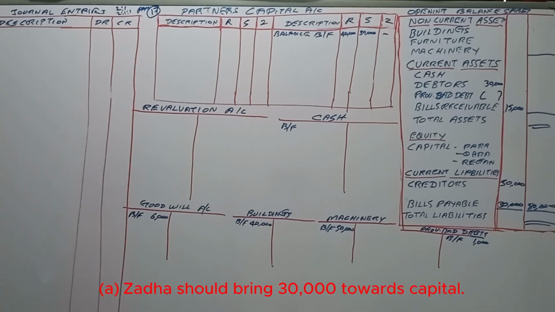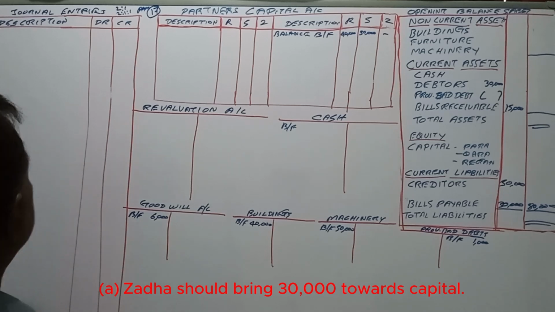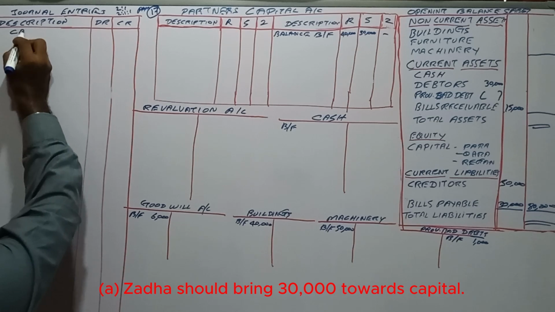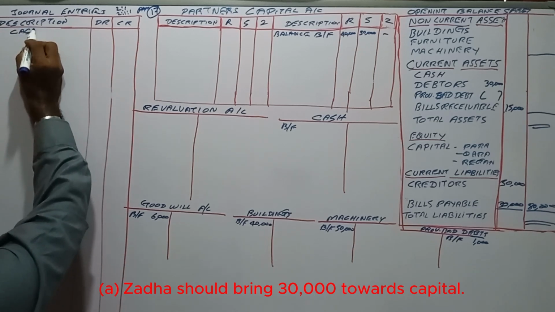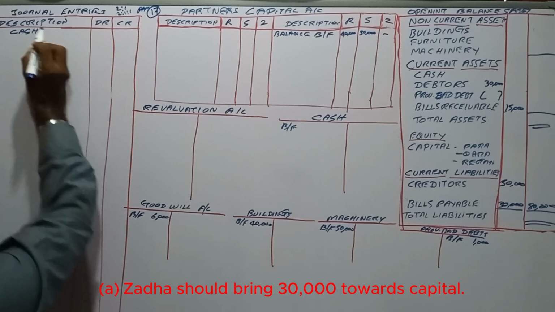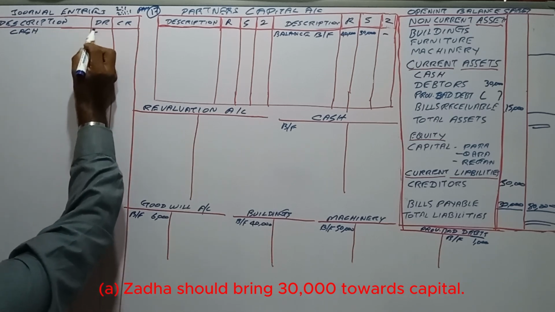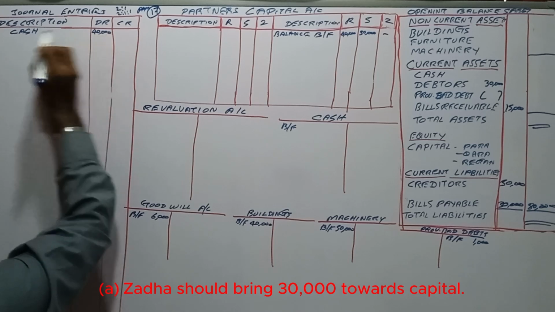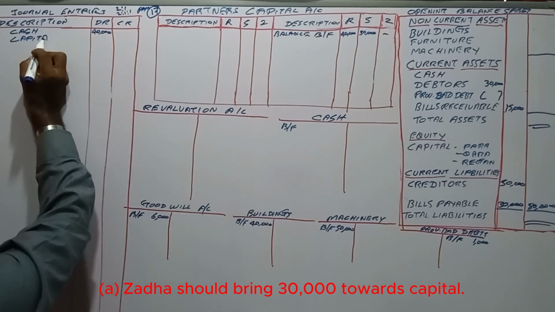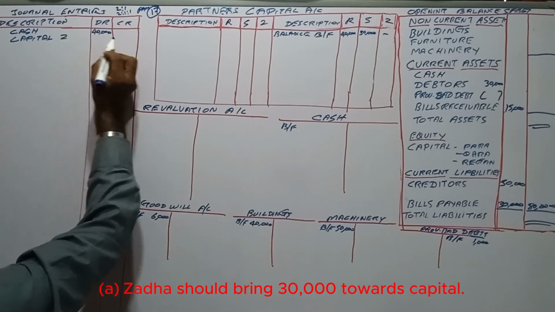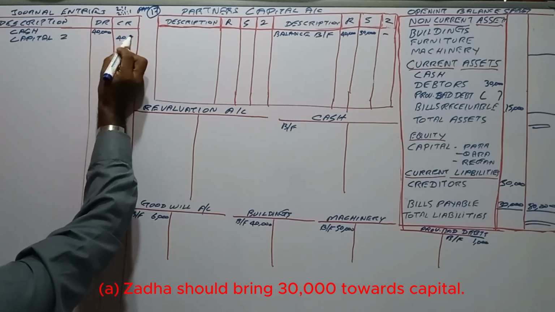Zada should bring 40,000 towards capital. Then Cash account debit 40,000, Capital of Zada 40,000 credited.